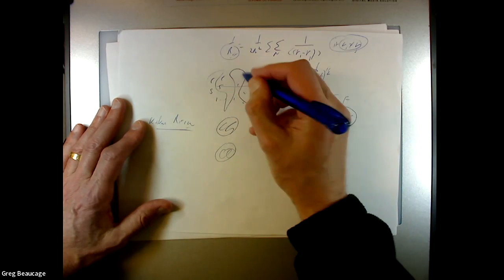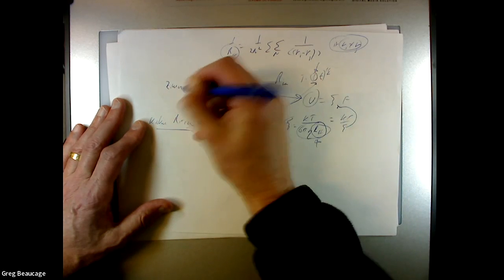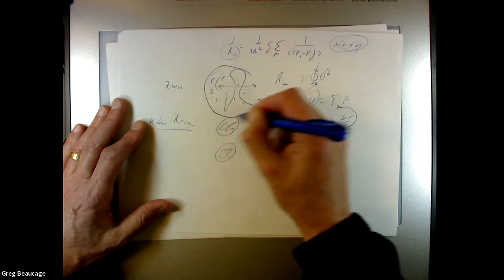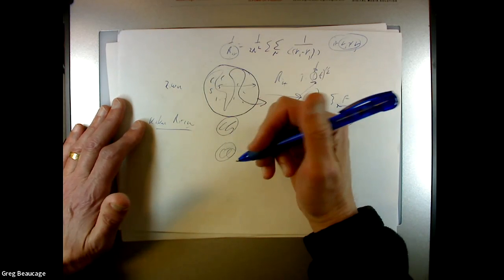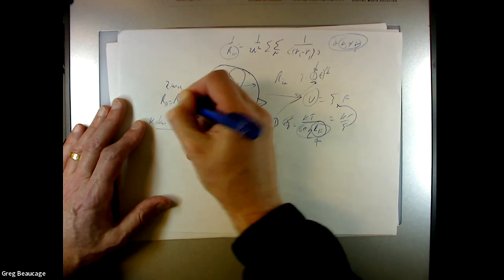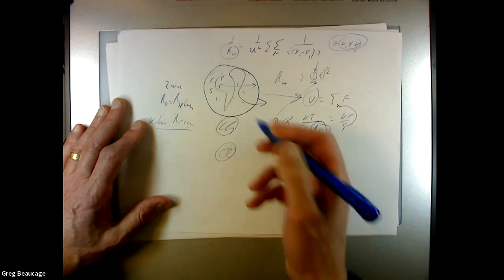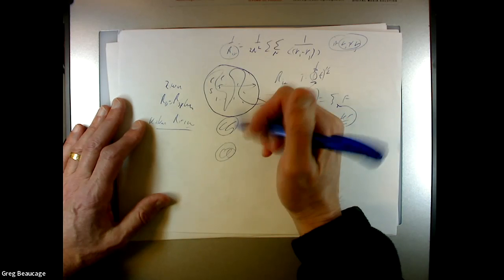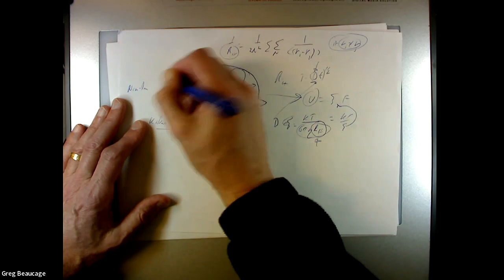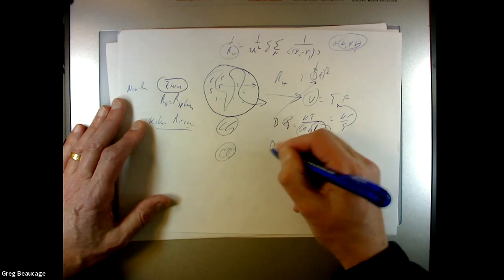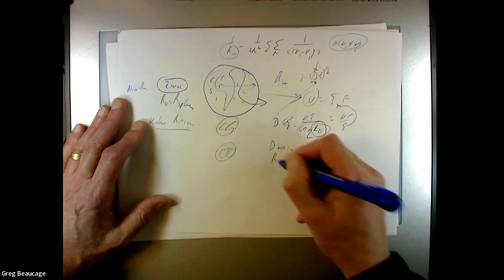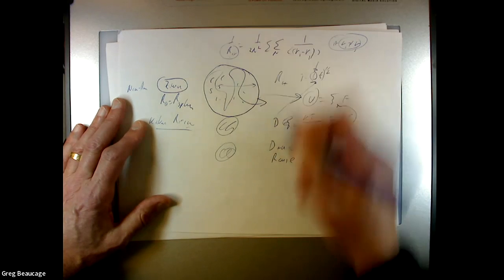Zimm's assumption is the opposite of Kirkwood-Riseman: that the whole thing is just a sphere, so this Rh is the R for the sphere. All the solvent is trapped, so it's called non-draining for Zimm. And this is called draining, and usually that's called Rouse, or you could call it Kirkwood-Riseman.